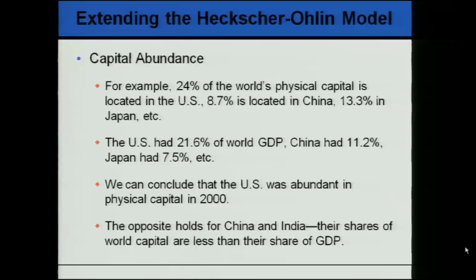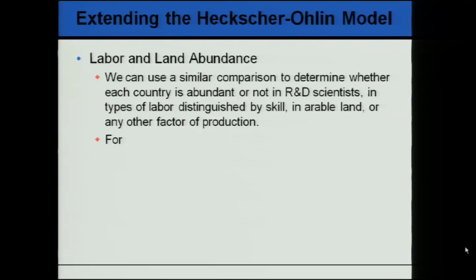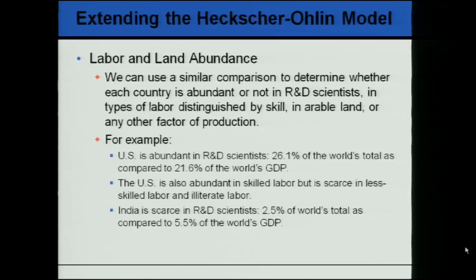The opposite holds for China and India. Their shares of world capital are less than their shares of GDP. Now, we can use a similar comparison to determine whether each country is abundant or not in R&D scientists, in two types of labor distinguished by skill, in arable land or any other factor of production.